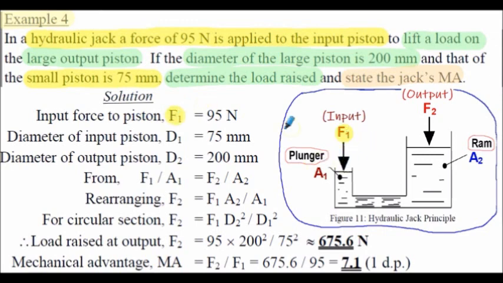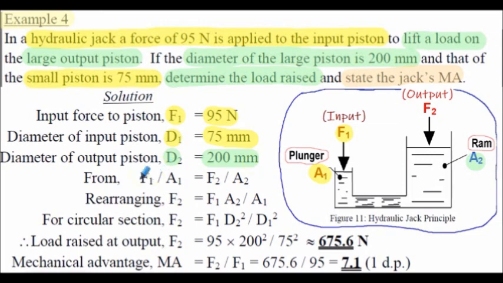to what we term the plunger here, and that's 95 newtons. The input piston diameter, labelled D1, that's associated with the area of the plunger, labelled A1 here, that's 75 millimeters, and the diameter of the output piston, D2, is 200 millimeters, and that's related to area A2 here, at what's termed the ram on our diagram.